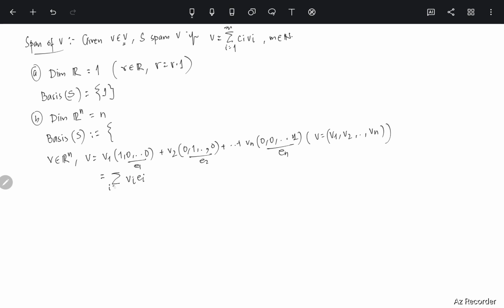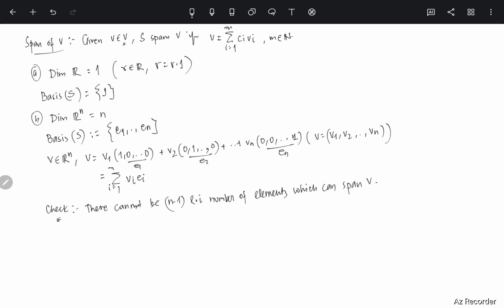And please prove this: check that there cannot be n minus 1 linearly independent elements which can span V. So essentially the basis contains E1, E2, En. Once you prove this, the dimension will be n.